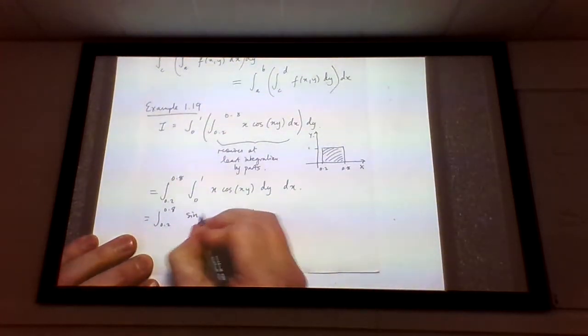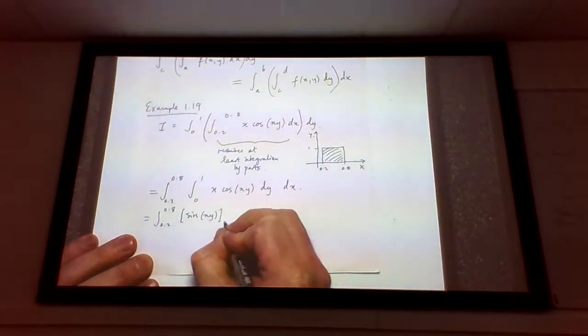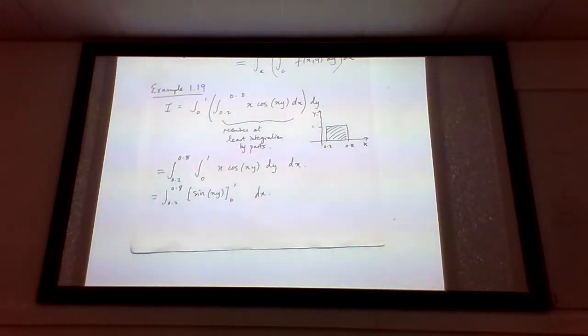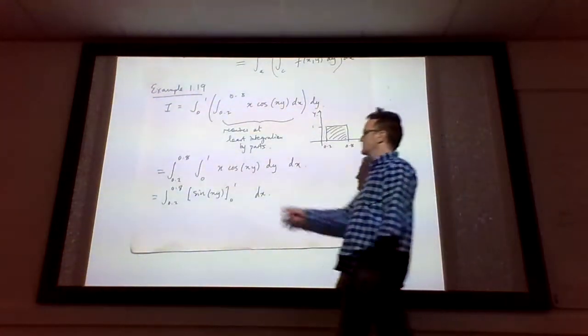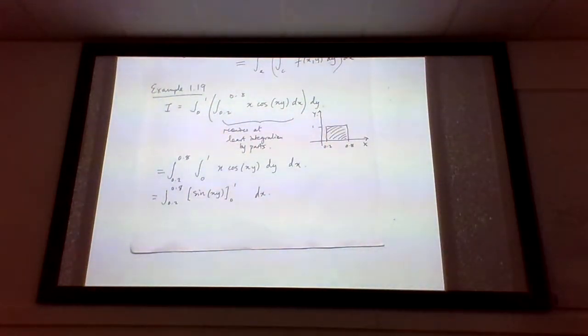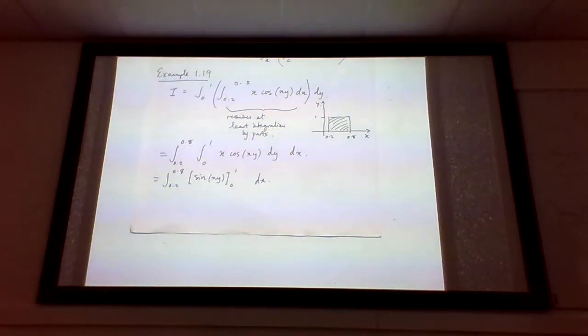So it just integrates to sine of x y. So we're able to achieve that first integral without using anything. Integration by parts isn't that complicated, but certainly good when you don't have to do it.